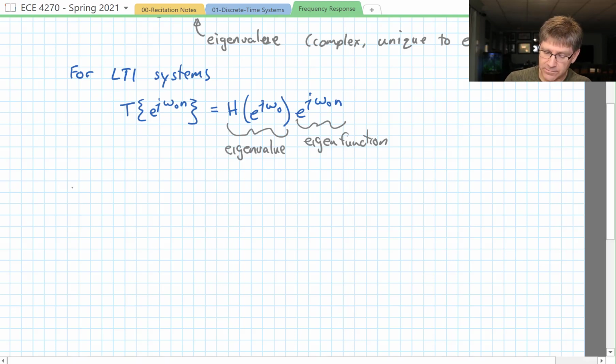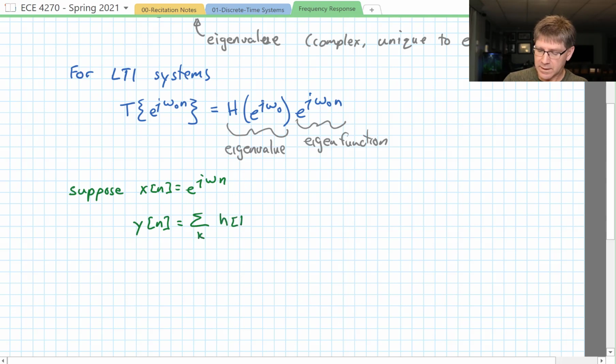Where does this come from? So we'll suppose that x[n] is equal to e^(jωn). And we have some system, and since any linear time invariant system can be represented by or implemented using convolution with the associated impulse response, we can calculate our output like that. But since we have x[n], let's go ahead and substitute that in there.